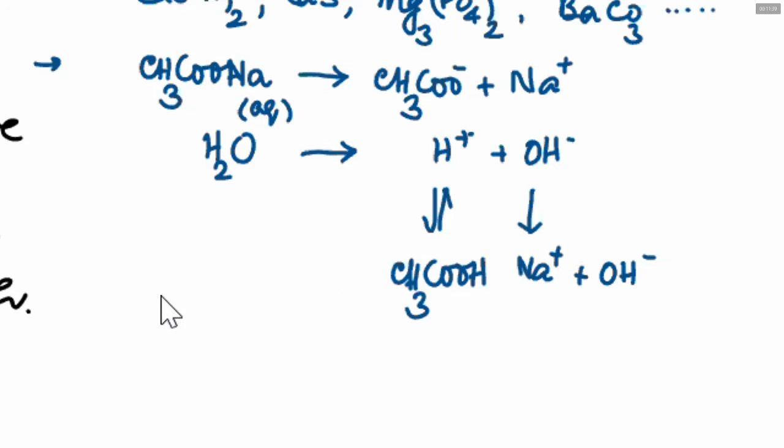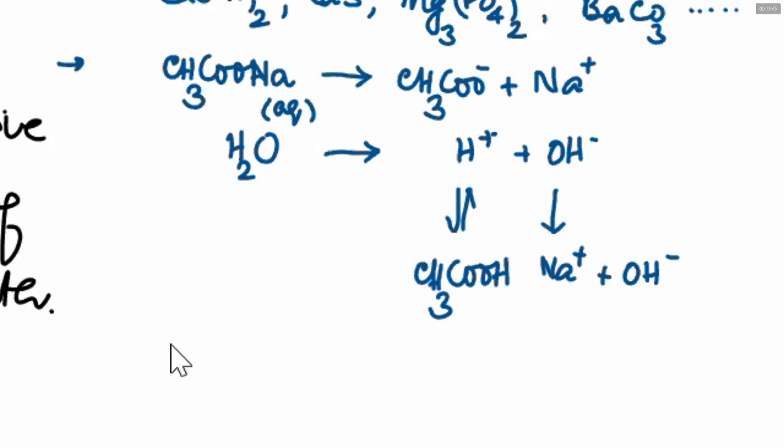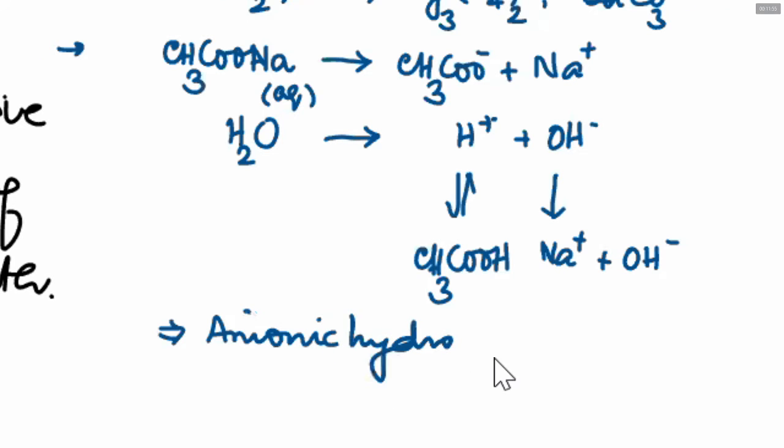Now, the question is, if it is so, who is undergoing hydrolysis? Acetate ion, the negative ion. This implies anionic hydrolysis. The name is a 4 marks question for doctors. It is called anionic hydrolysis.